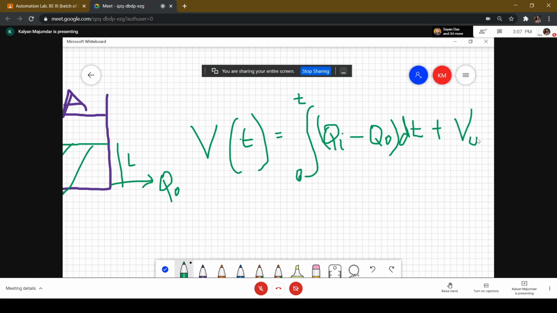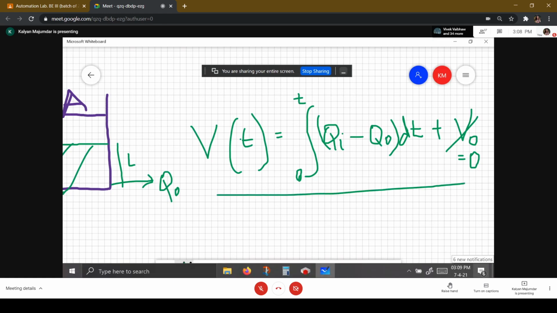That is, before you started this system, the volume at the time that was defined t is equal to 0, the volume that existed in the tank. Now let this be equal to 0. That's not a serious issue. That is, we are assuming that we start off with an empty tank. A fair enough assumption. So you're left with this.